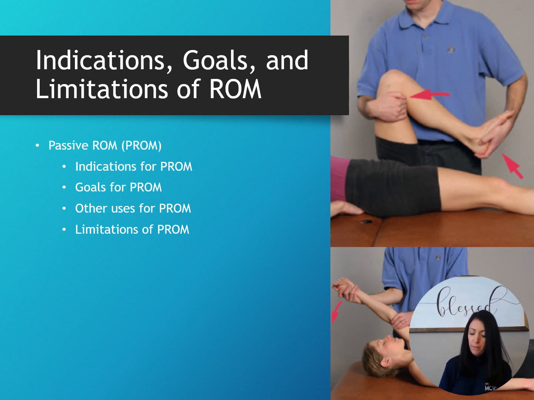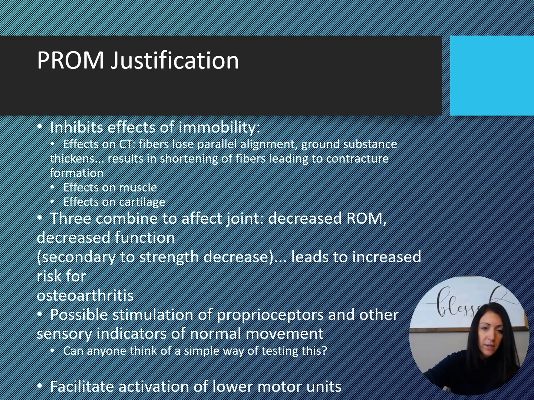Another indication would be a patient who's not able to or not supposed to actively move a segment of the body. Maybe they're in a coma, maybe they're paralyzed or on complete bed rest, and movement is provided by an external source. And then passive range of motion is indicated after surgical repair of contractile tissue when active range of motion would compromise the repaired muscle. So that's kind of the same thing I already talked about. There are several different goals.